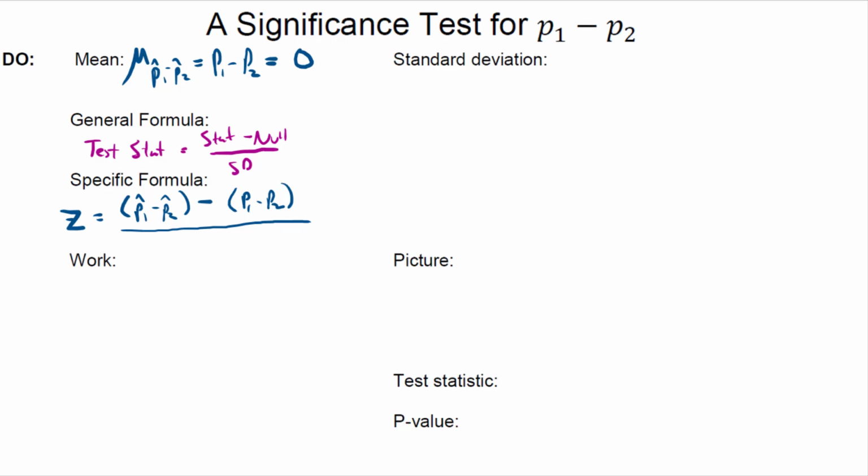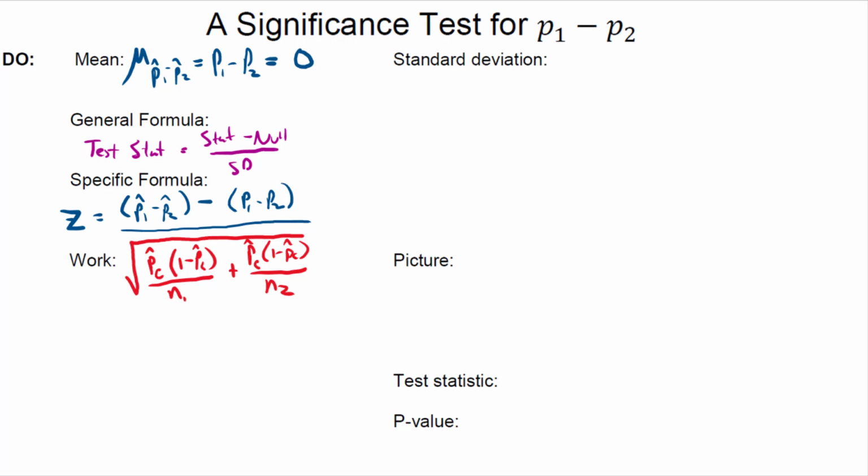I'll write it out, and then I'll show you how to calculate your combined proportion. So you take your pc hat, your combined proportion, and take 1 minus that, all over the first sample size. Then you add this: again, you use your combined proportion times 1 minus combined proportion, all over your second sample size.